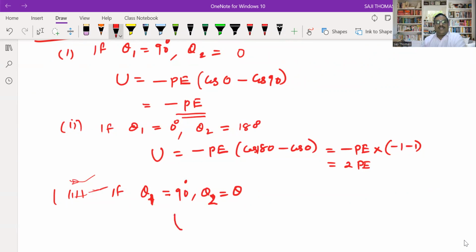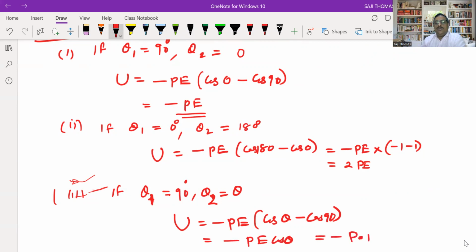What will be the potential energy? U is equal to minus P E, cos theta minus cos 90. So you are getting minus P E cos theta. So this you can write as minus P dot E. So these are the different cases.